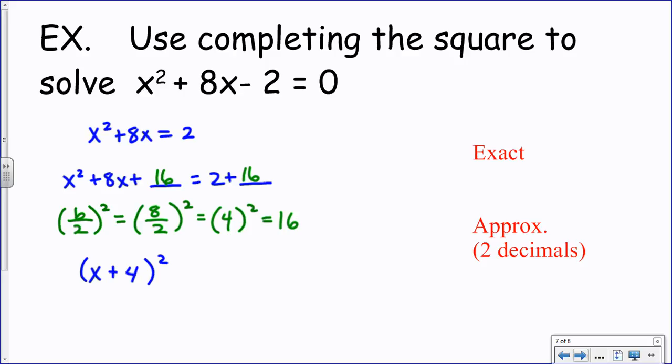So x plus 4 is what gives you this x squared trinomial here. But remember, I can just look at that number before you square it, and that's what it'll factor to. And 2 plus 16 is 18.